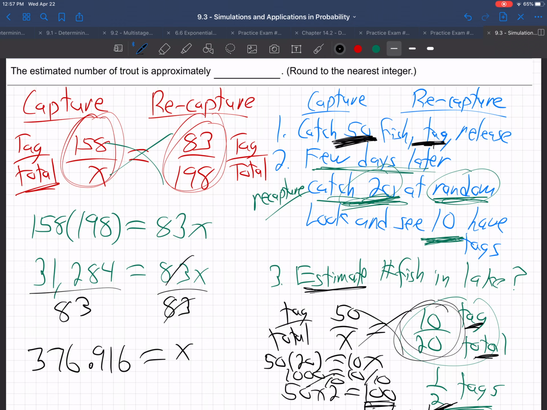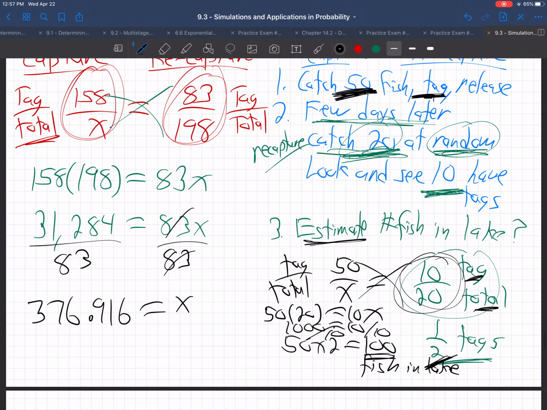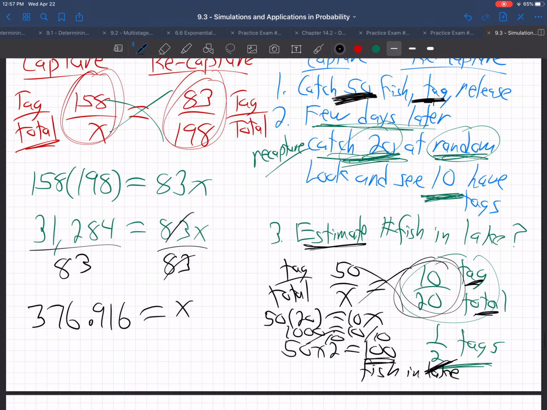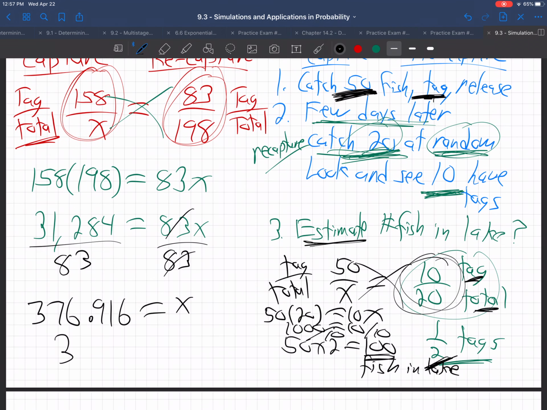And they want us on this problem to round to the nearest integer, like whole number. So I'm going to round to, because it's just approximate anyway, you can't have part of a fish, 377. So we're estimating there's about 377 fish in the lake. So that's how they do it. This is how biologists really do it: capture, recapture.